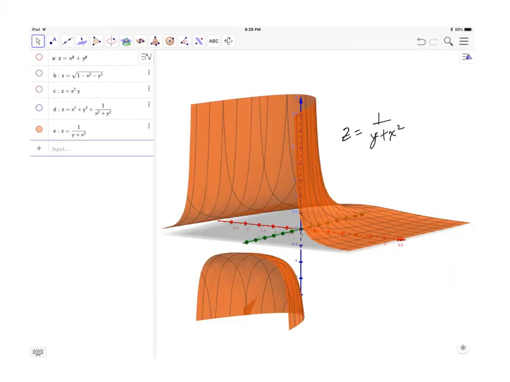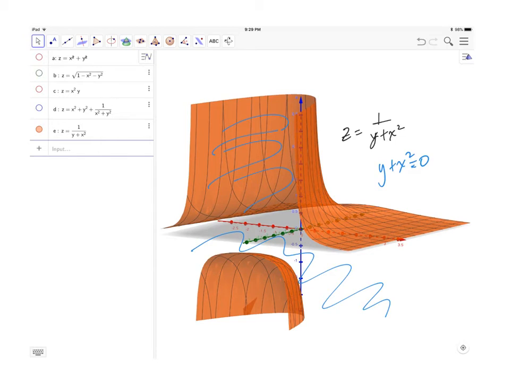This next one is kind of cool. This is 1 over y plus x squared, and it actually comes in a couple parts because you have this area where y plus x squared is equal to 0, right? You can't divide by 0, so wherever that happens, there's a break in the graph. So you can see there's this empty space up in the top here, there's this empty space here, and there's empty space between the two parts here.